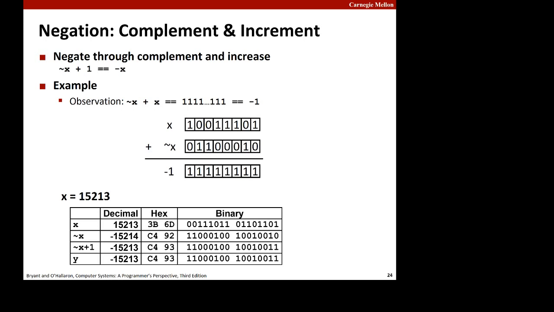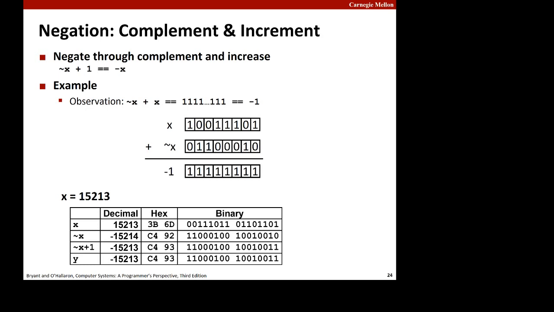And the intuition of why that's true is if you add x and its complement, you'll get a number that's all ones, which of course you recall is the representation of -1. And so we can see that the number x plus its complement is -1, and therefore if I now add a 1 back to this complemented number, I'll get -x.